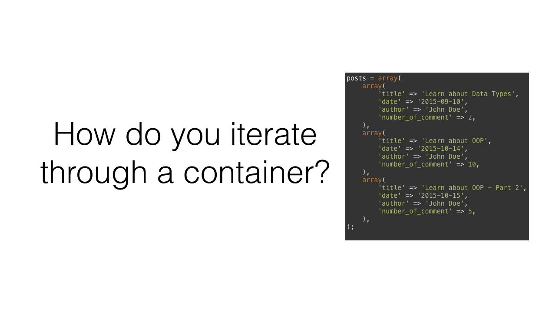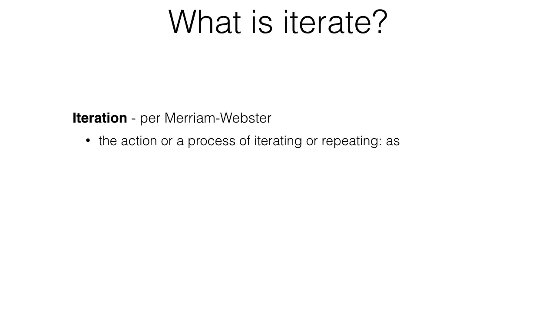That sounds like one of those words, Tanya, that software people use that I need to know what that means. Okay, well, yeah, you do need to know what iterate means. So what is it? The action or a process of iterating, or what's the word? Repeating. Yeah.